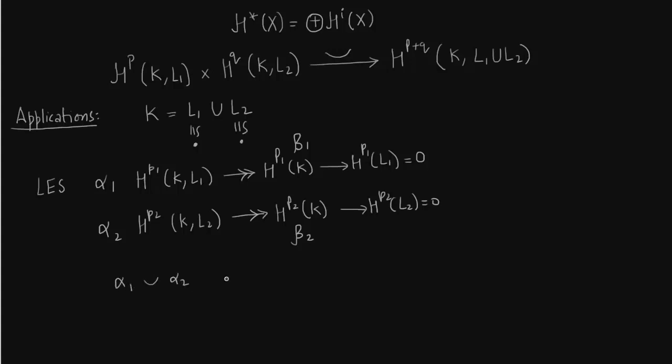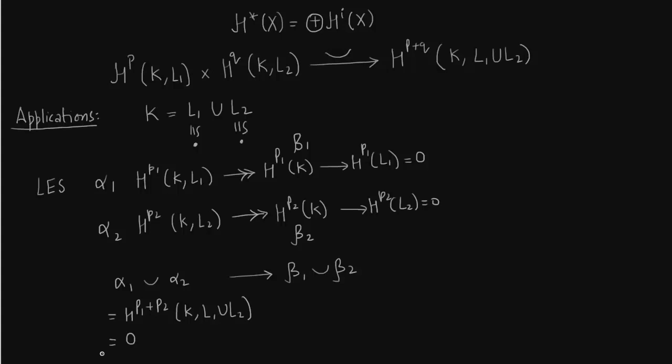So we want to talk about alpha 1 cup alpha 2. This will get mapped to beta 1 cup beta 2. So we want to find out what beta 1 cup beta 2 is, and beta 1 and beta 2 are some arbitrary elements in some graded parts P1 and P2. So the secret lies in alpha 1 cup alpha 2. By multiplication it will land in P1 plus P2. Now K is equal to L1 union L2.